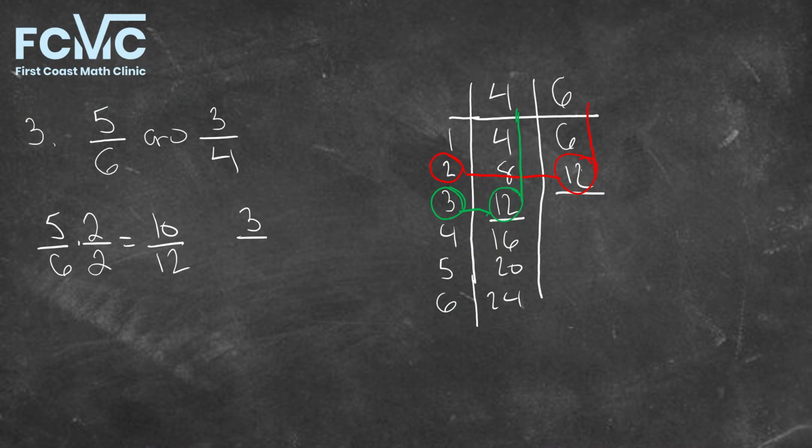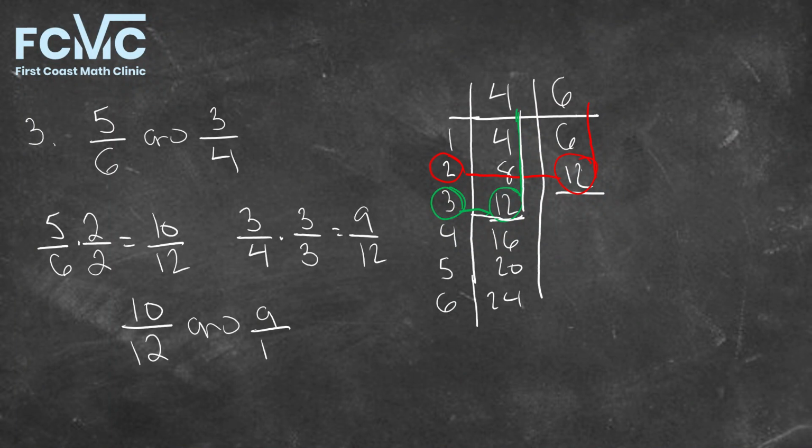And we'll do 3/4. We know we're multiplying 4 by 3 to get 12, so times 3 over 3, and we'll get 9 over 12. So our two fractions with common denominator of 12 are going to be 10 over 12 and 9 over 12.